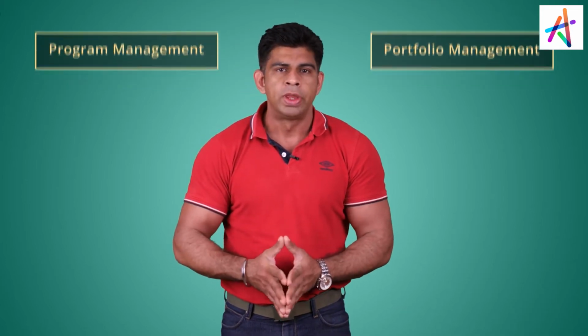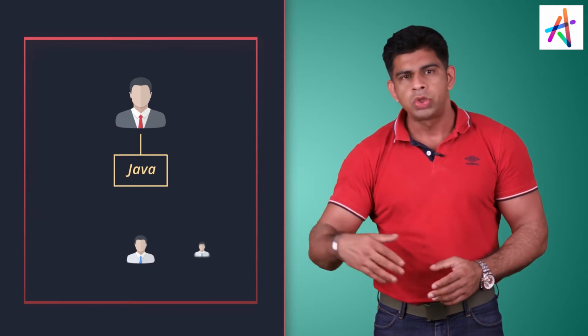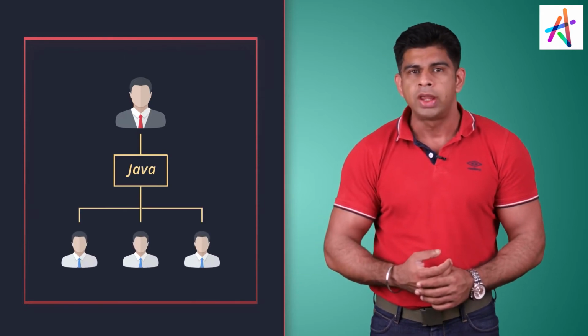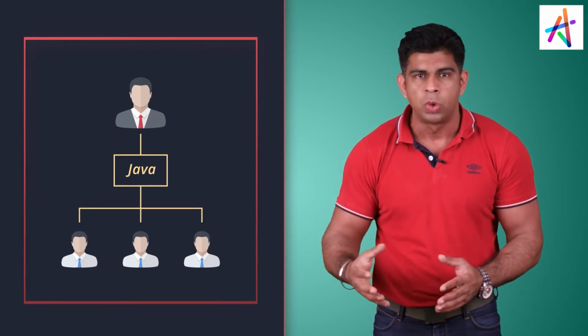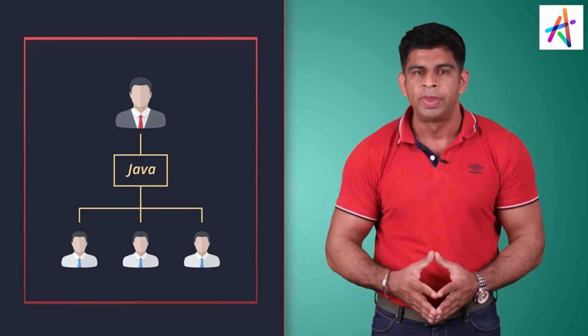Now let's talk about a few more terms. We are going to cover now program management and portfolio management. What's a program management? Let me take an example to explain program management. Then I will talk about what is program management. But first, let me take an example here. Let's say I am doing a project in Java and 3 of my other colleagues are also handling a project which is working on Java technology.